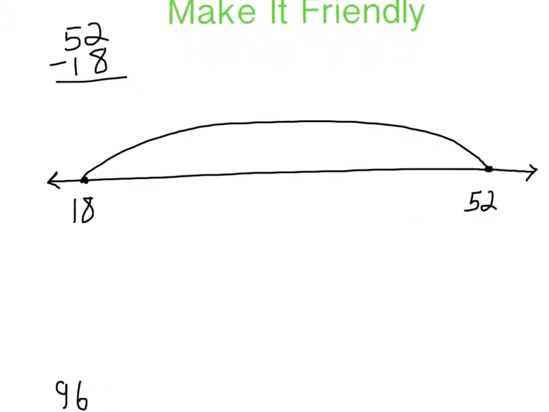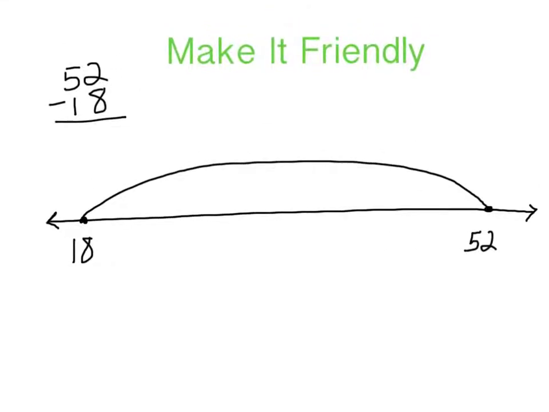So we're looking at the problem 52 minus 18. Well, somebody might be able to look at this problem and see that if we adjust these numbers, if we move both numbers up by 2, that will get us to 20 and 54 on the number line.